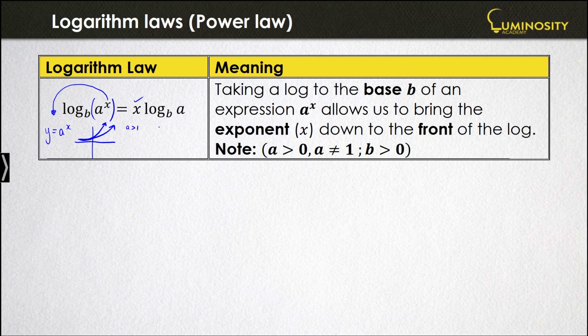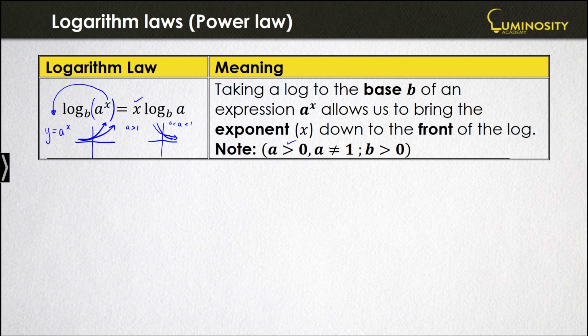When a was between 0 and 1, then we had an exponential decay curve, where the x-axis was an asymptote for both exponential curves. So that is where these restrictions come from.